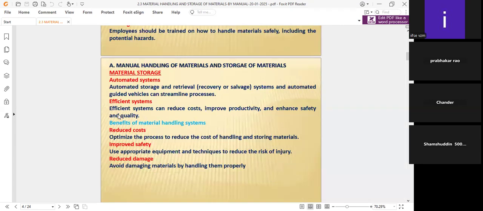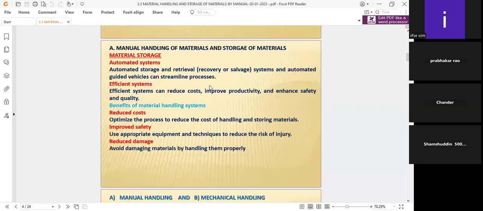Coming to the benefits of the material handling system, once you prepare all these things, like reducing cost or maintaining safety measures while manual handling, definitely it optimizes and reduces the cost of handling and storing materials.